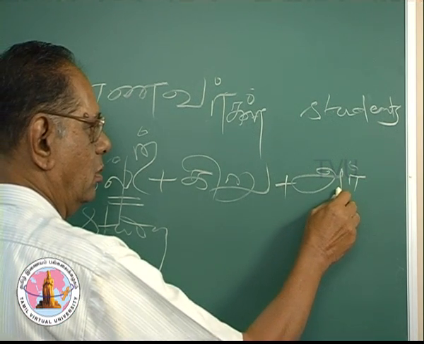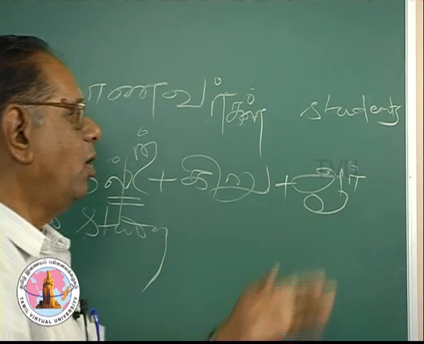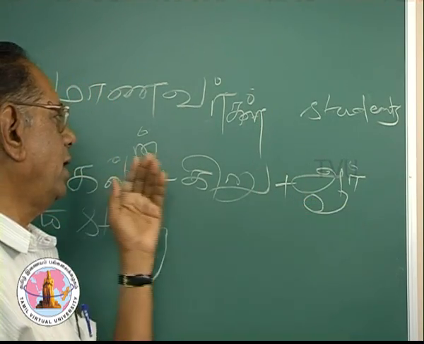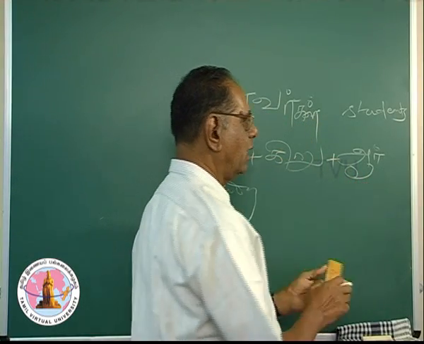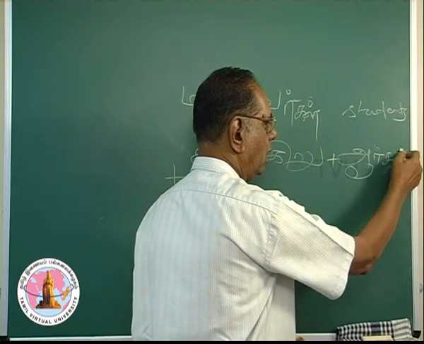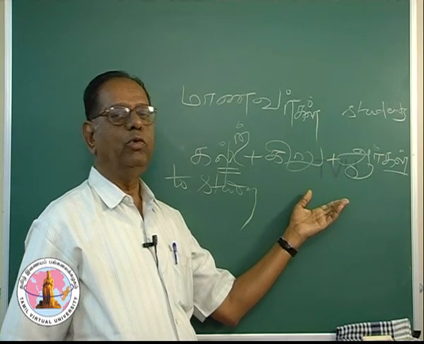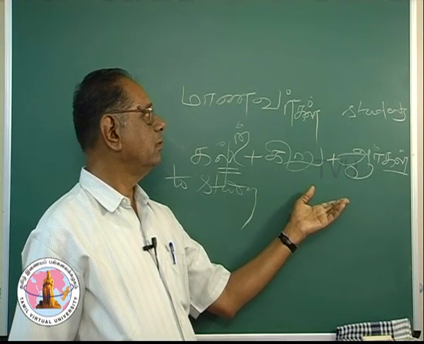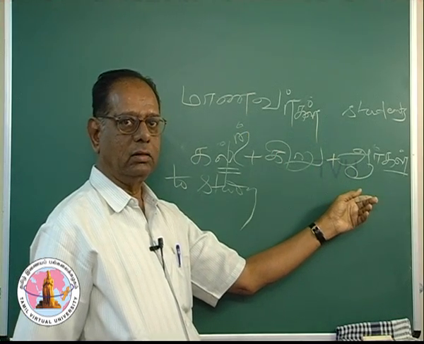So, if you have it elongated, it sounds all right. Manavargal karkirargal. I am doing this exercise from your point of view. For our, it was or.